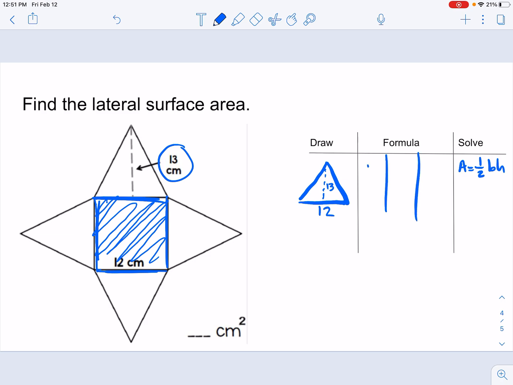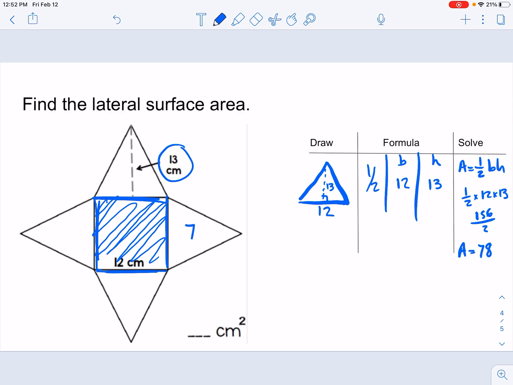So to set it up, I have half. I need to find my base, find my height. My base is 12. My height is 13. So I need to do half, 12 times 13. Okay, so 12 times 13 is 156, and half of that gets our area to be 78.